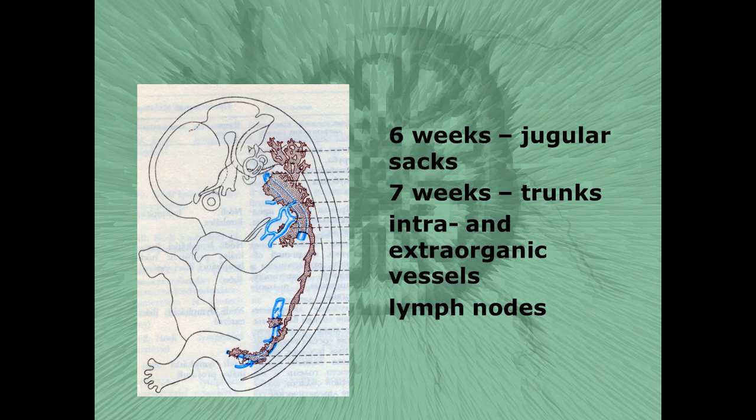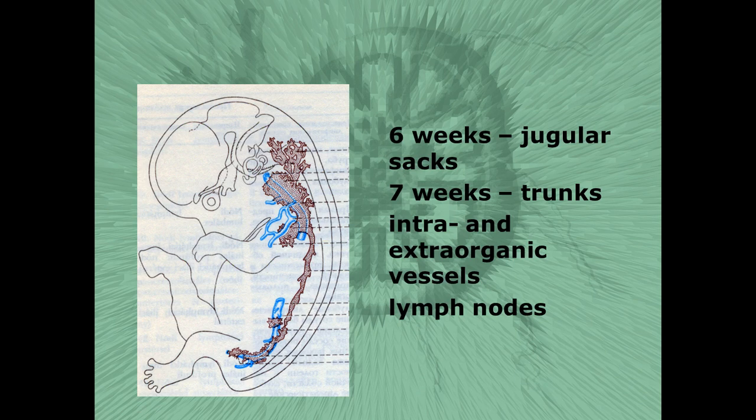I will talk about the development of the lymphatic system. It starts approximately from the 6th week of embryonic life by the formation of the jugular sacs. The jugular sacs are formed in the place of future jugular veins. Other lymphatic sacs are also formed in the retroperitoneal space and in the place of future iliac vessels.